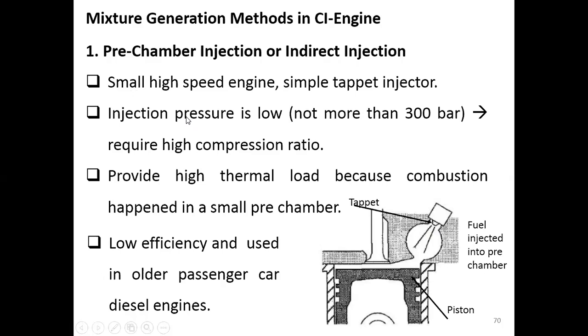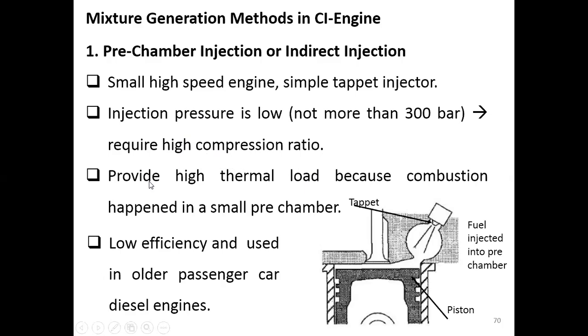If the injection pressure is low and you want the engine to work efficiently, this engine requires a high compression ratio to work effectively for us, because it cannot rely on the fuel injection pressure. It needs to have a high compression ratio here.